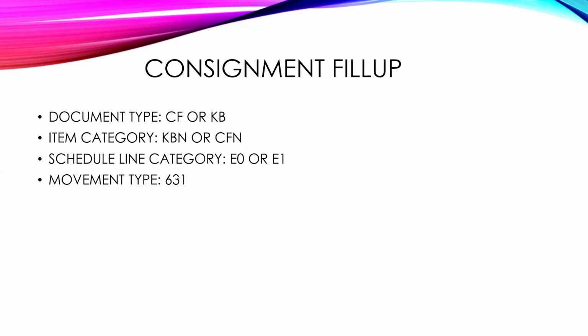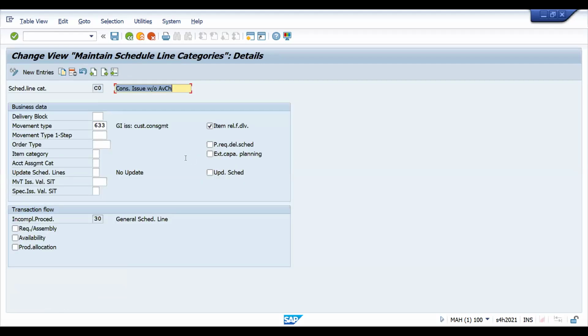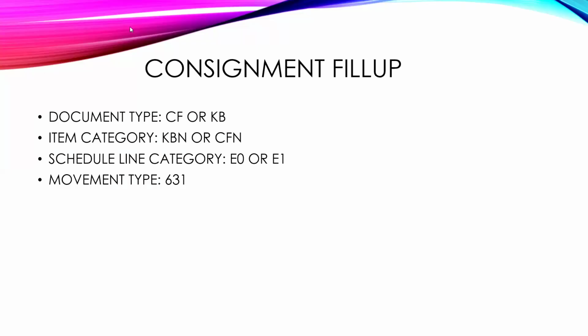This is how you have to learn the subject, by comparing everything. If you come here, you see C0 or C1. What is this? Consignment fill-up is E0, not C0, which is for issue. Let's come back.